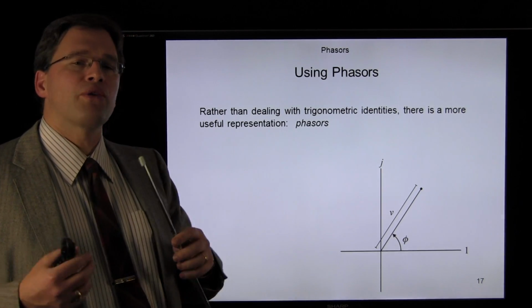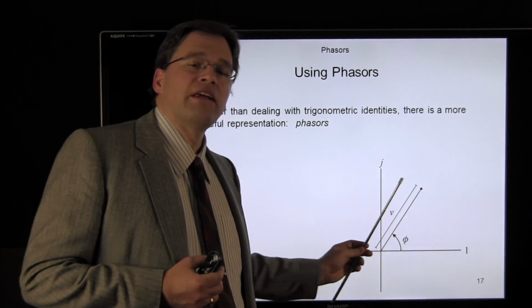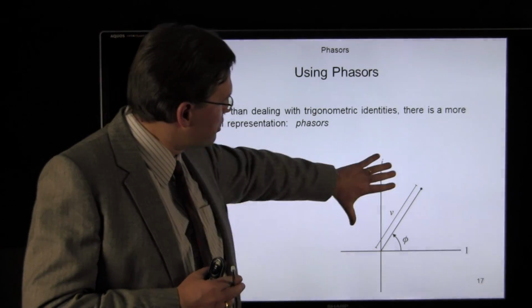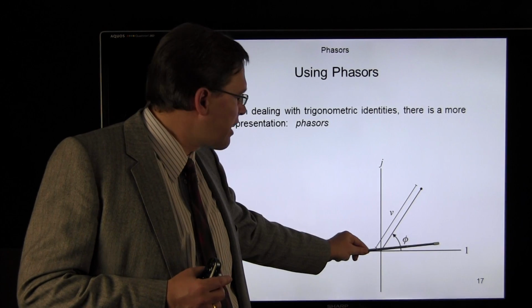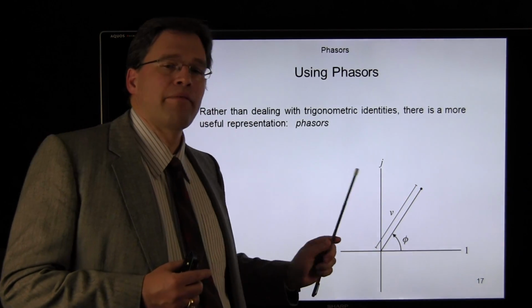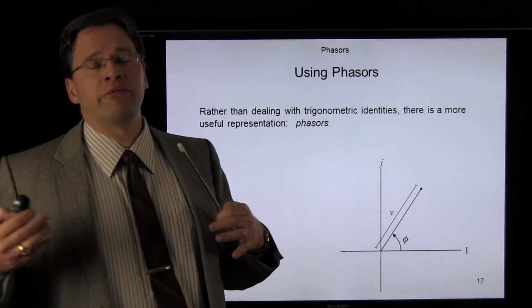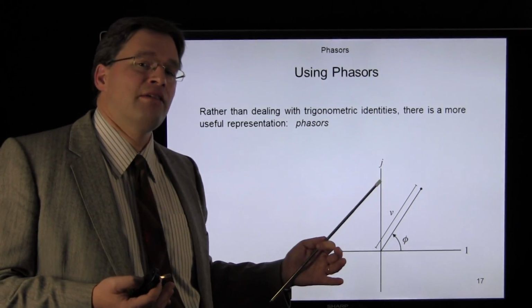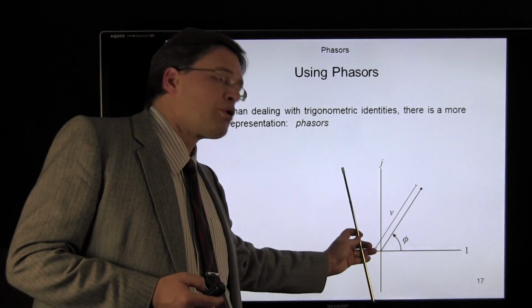However, I can also think of this complex number as an object with a magnitude, nu, and with an angle from the positive real axis, phi. And so every single complex number can either be represented as a plus bj, or as some magnitude with an appropriate angle.